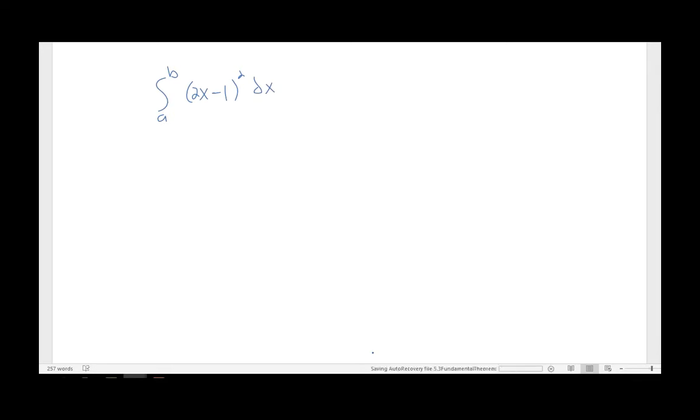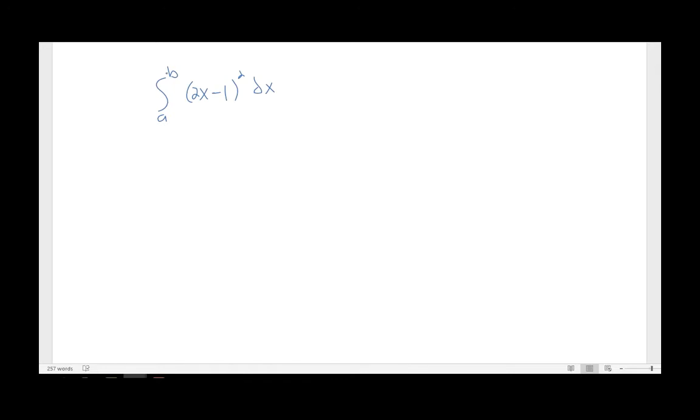The outer function is the square function, and the inner function is 2x minus 1. Now, we don't know yet how to deal with a composition in terms of an antiderivative. What we will do in a couple videos from now is learn about our first technique of integration, we call the substitution rule, or U substitution. But at this point, we don't know that technique.